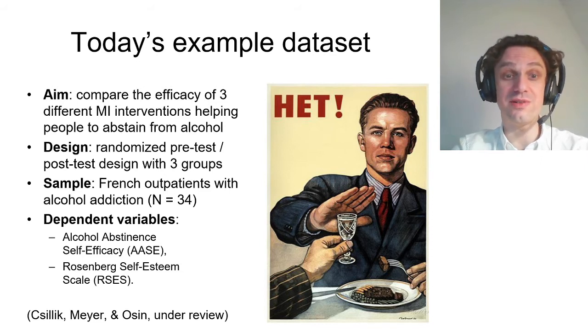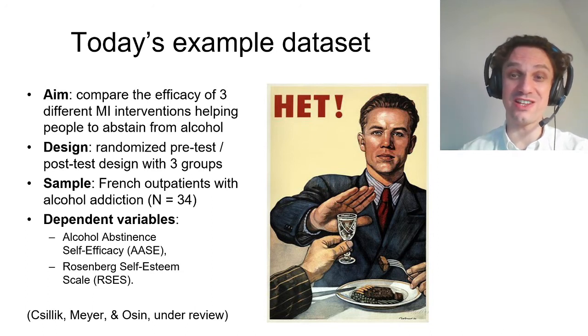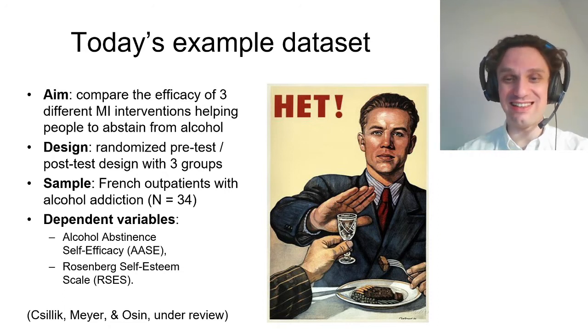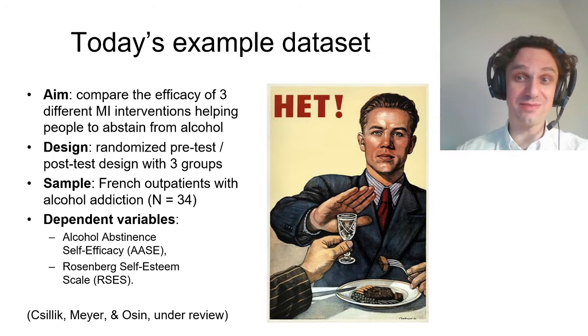I only took two dependent variables here: alcohol abstinence self-efficacy, which is basically a self-evaluation. Do I believe that I can abstain from drinking in different situations, like when my friend offers me a drink, or when I just want to raise my mood?